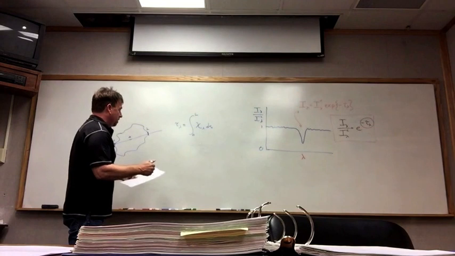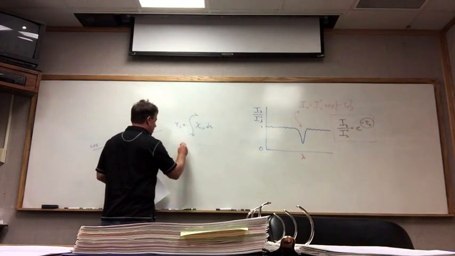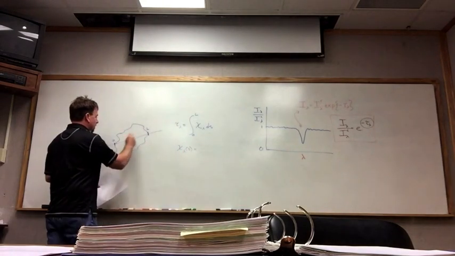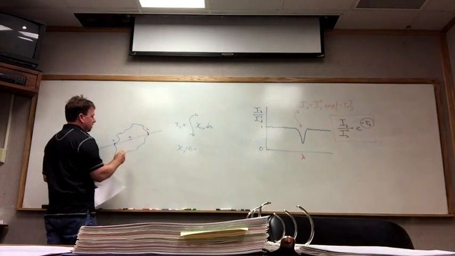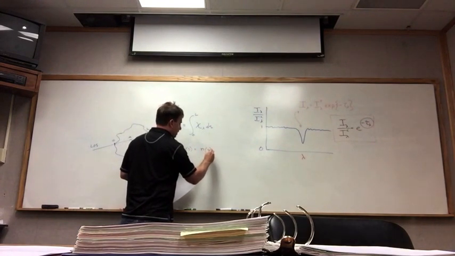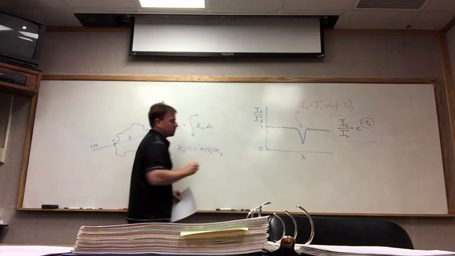Okay, and what is the opacity? The opacity at position S along here is the density of the gas times something called the cross-section.